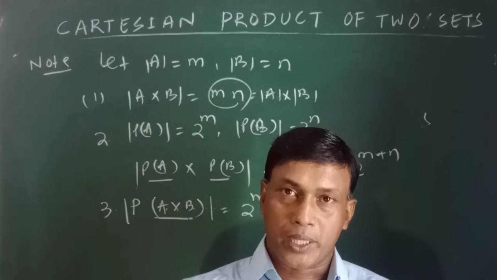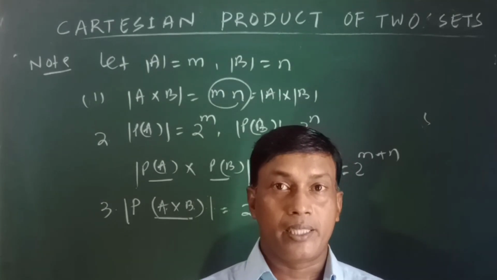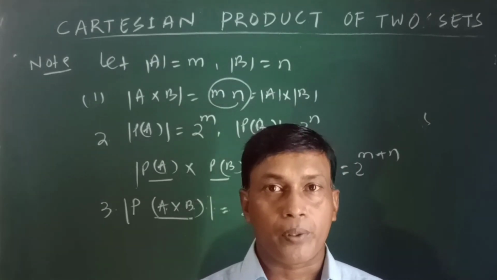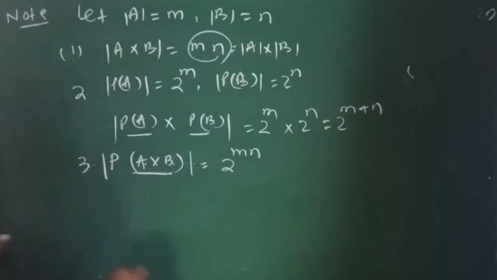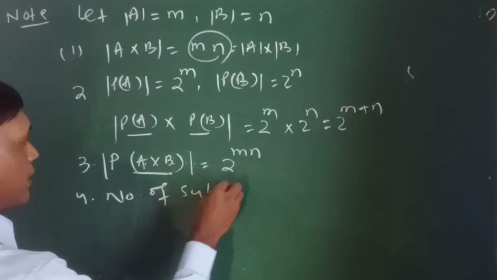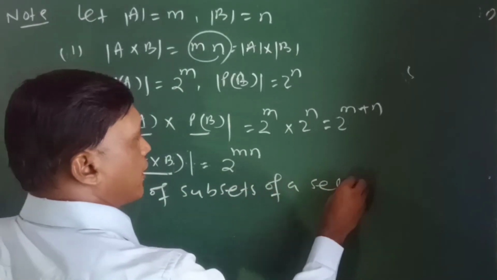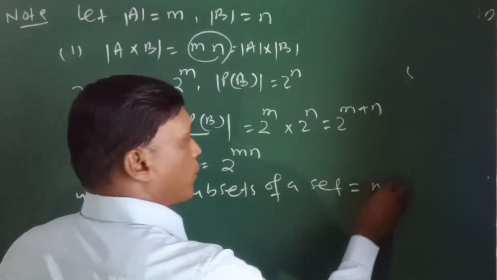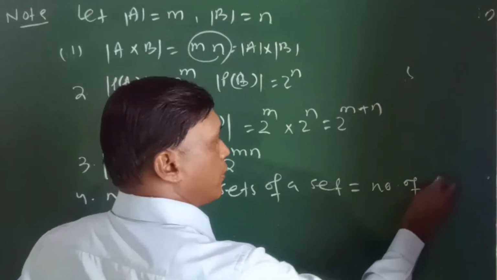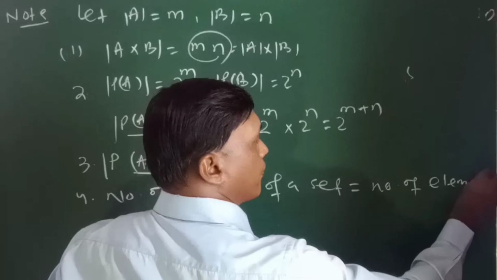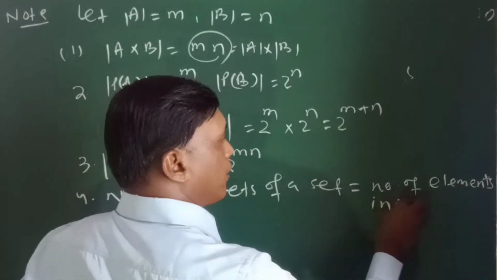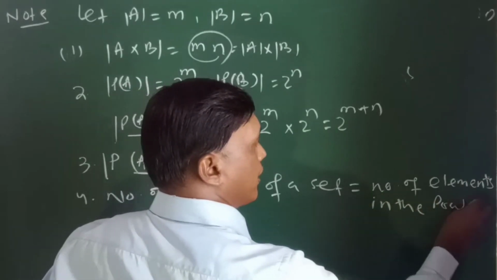And dear students, one very important thing is, how can we find the number of subsets of a set? Note 4: the number of subsets of a set is equal to the number of elements in the power set.